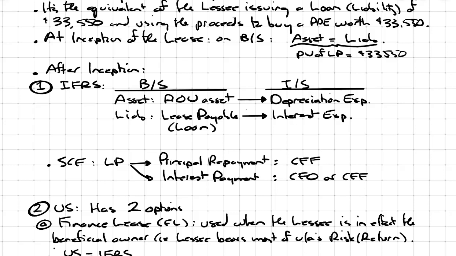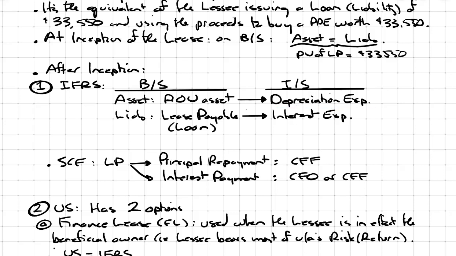And so here's where IFRS and US differ a little bit. So for IFRS, again, we're talking from the lessee's point of view. Here's the balance sheet. As we indicated before, the lessee has to report the right of use asset and the lease payable. Well, that's going to have repercussions on the income statement. So for example, if the lessee is carrying an asset, then it would have to depreciate it.